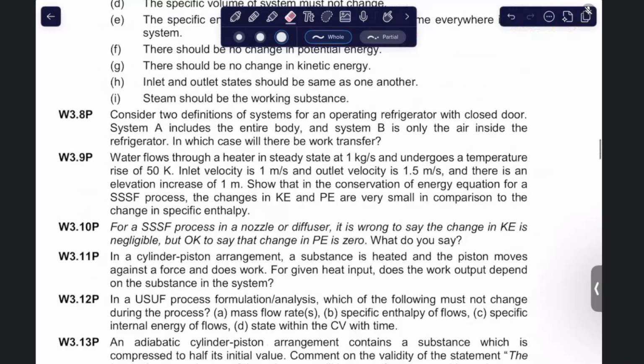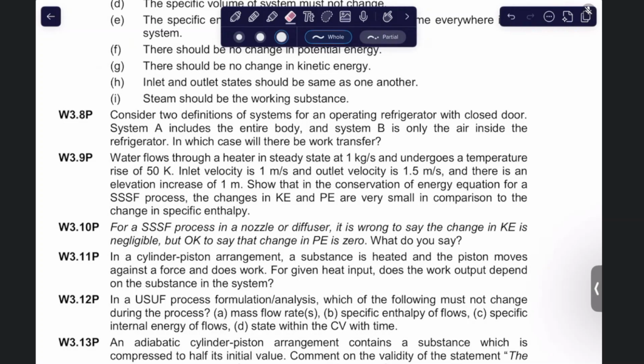Then eighth question: consider two definitions of systems for an operating refrigerator with closed door. System A includes the entire body, and system B is only the air inside the refrigerator. In which case will there be work transfer?